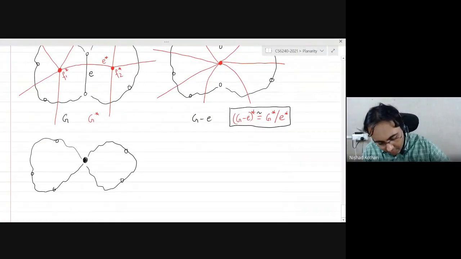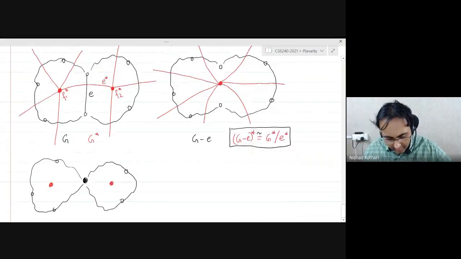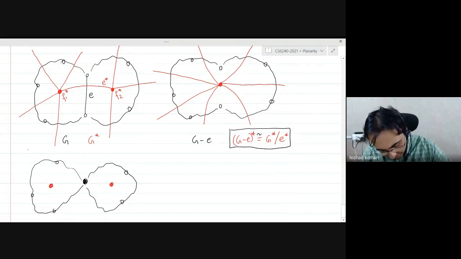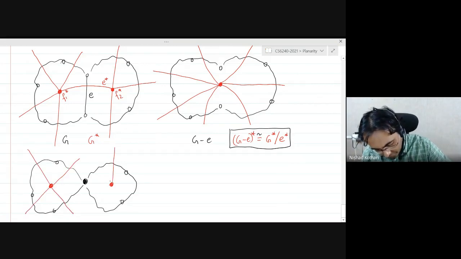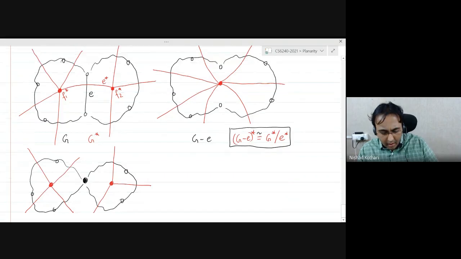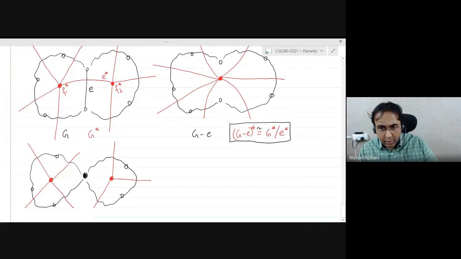Okay. So now in the dual, I've got a vertex here. I've got a vertex here, same as I had before. The difference is they are not joined by an edge anymore, because the edge separating the two faces has now become a vertex. So we don't have a corresponding edge, but we still have all the remaining edges as they were. And how do we relate this dual to the original dual?